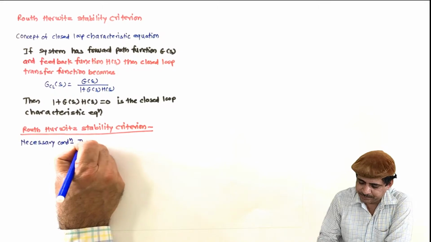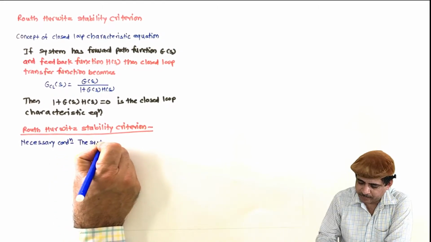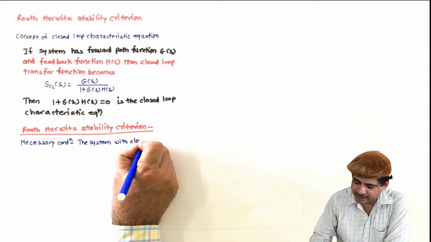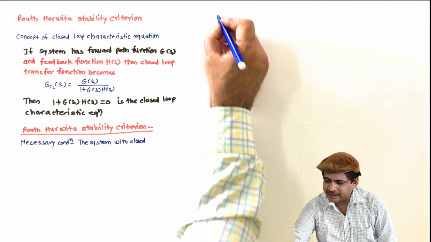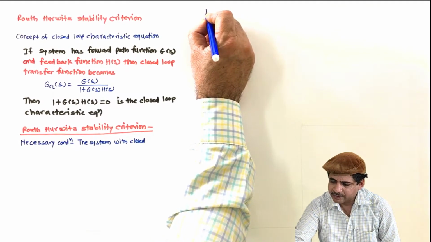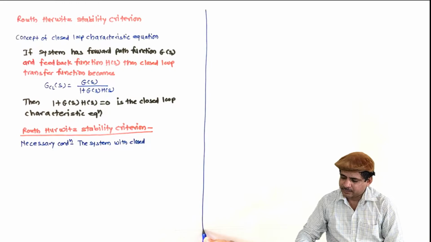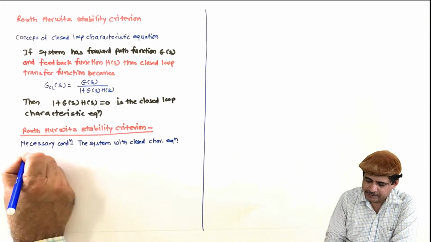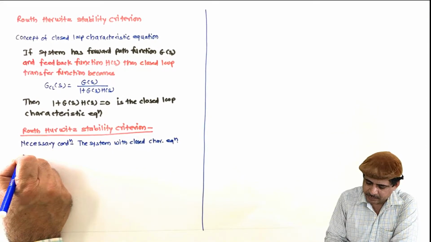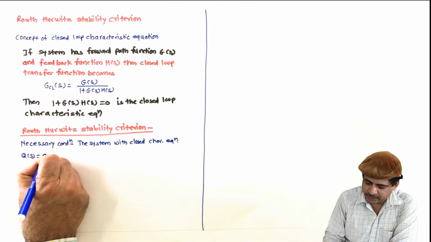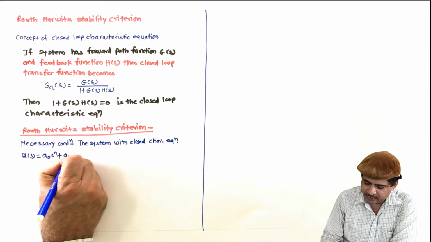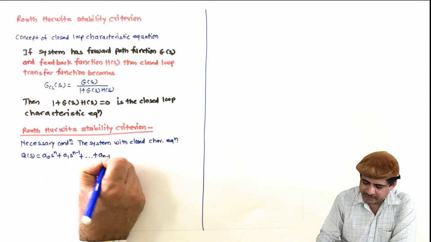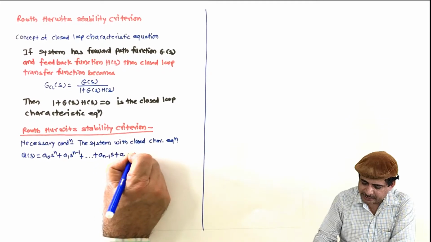Say the system with closed loop characteristic equation, or even you can consider this as the characteristic equation, Q(s) equal to a0 s raised to n plus a1 s raised to n minus 1, and so on up to a(n-1) s plus an equal to 0.